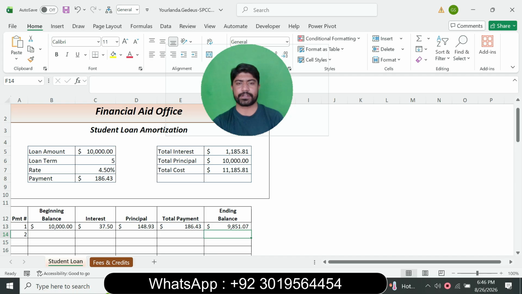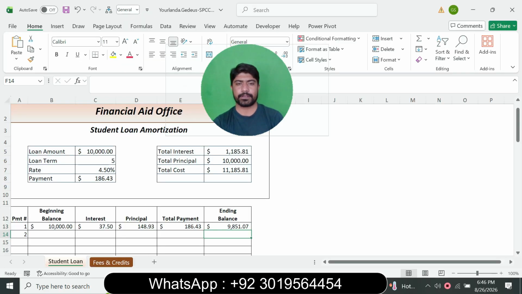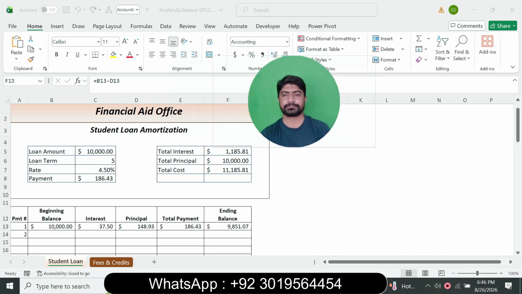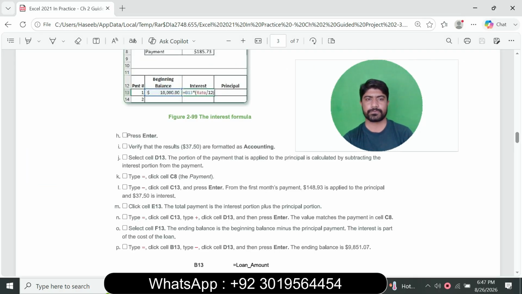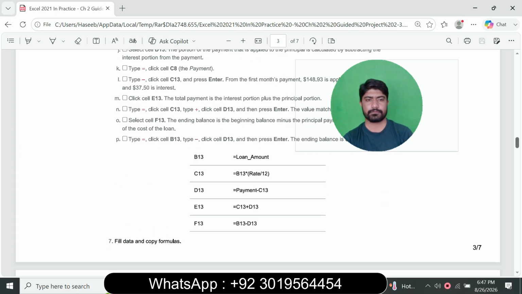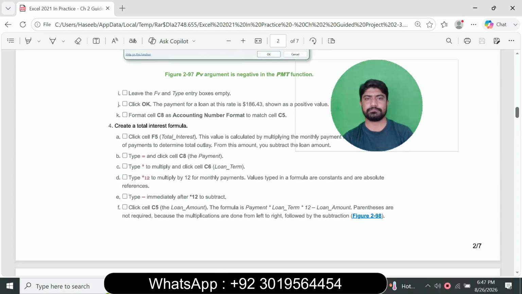So the result is 9851.07, and apply the accounting number format. So question number 6 is complete.